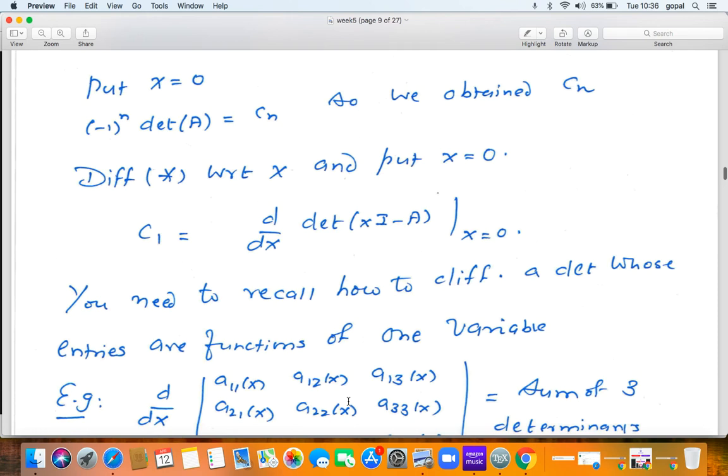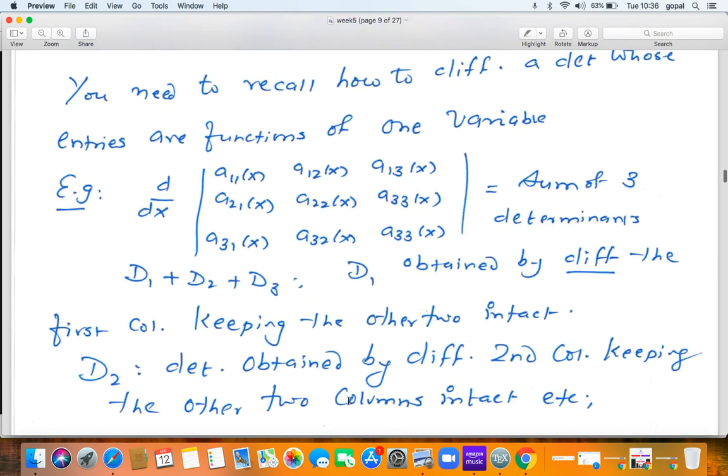Suppose, for example, I have a determinant like this: a11, a12, a13, a21, a22, a23, a31, a32, a33. How do I differentiate it? Differentiate the first column, keeping the other two columns intact, and that gives one determinant. Then differentiate the second column, keeping the first and third columns intact. That's D2.